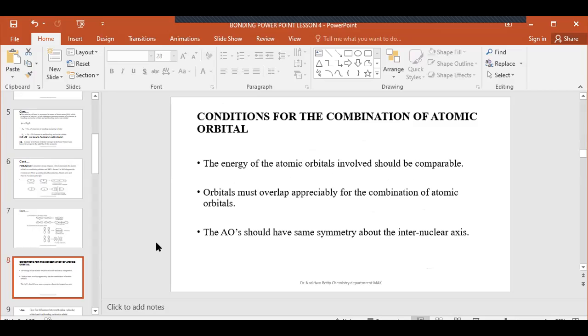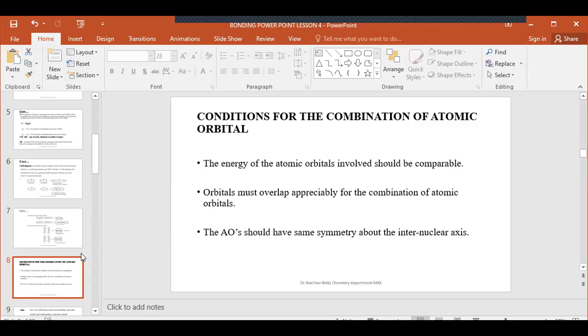Let us look at the conditions for the combination of atomic orbitals. The energy of the atomic orbitals involved should be comparable, and the orbitals must overlap for the combination of the atomic orbitals to take place.